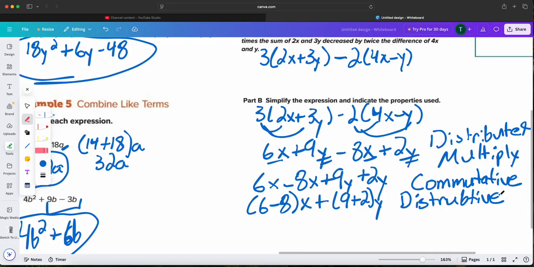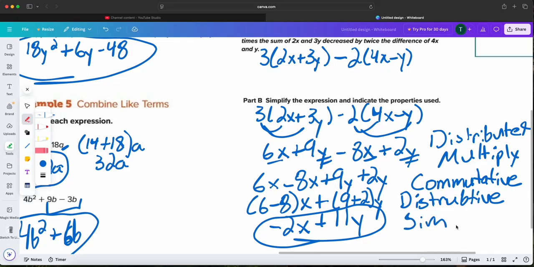From here, we can go ahead and take 6 minus 8, which is a negative 2, so negative 2x. Then we can take that 9 plus 2, which is 11. So this would be 11y. So those don't have any more like terms, so this is completely simplified, and our reasoning would be simplify.